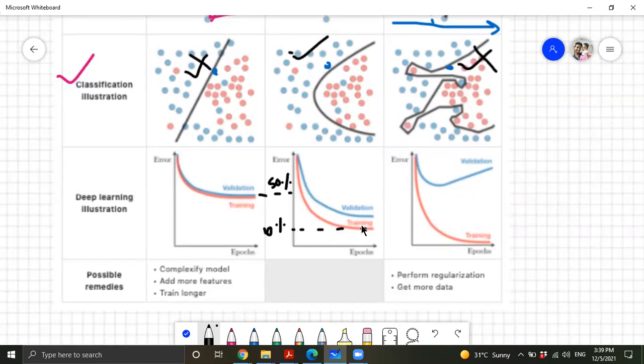And also one thing you can know is that always or most of the time the validation error will be high. That's obvious, right? Okay. But in overfitting, what is happening is training error is really very low, nearly 2%. But for the testing, it's really showing a high value like 70%.